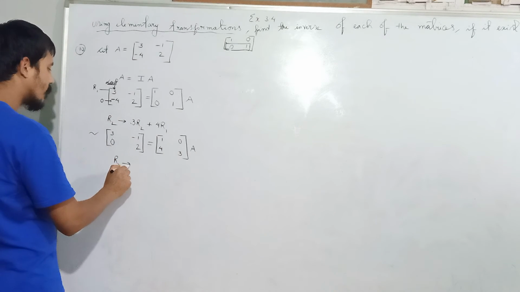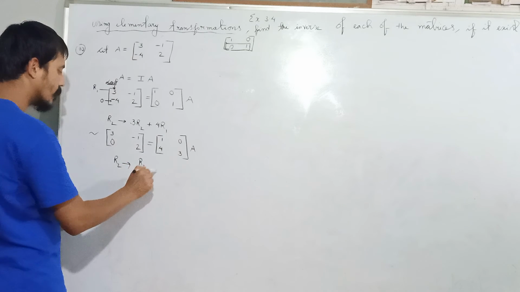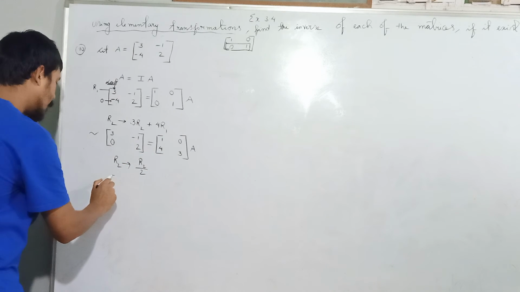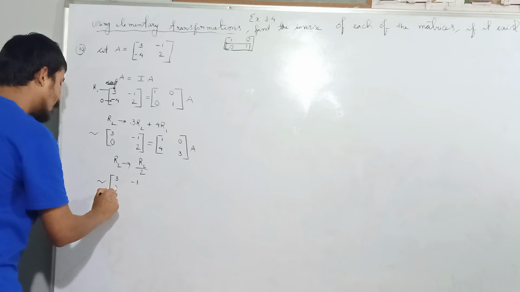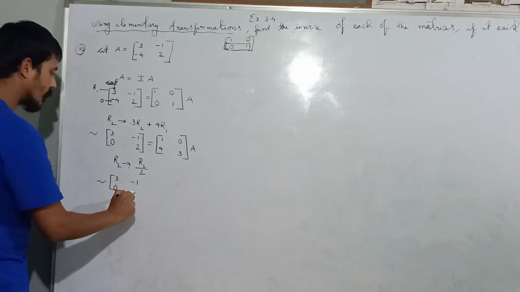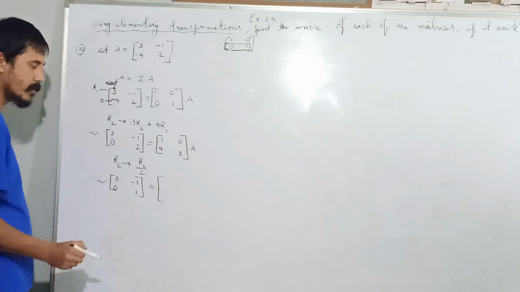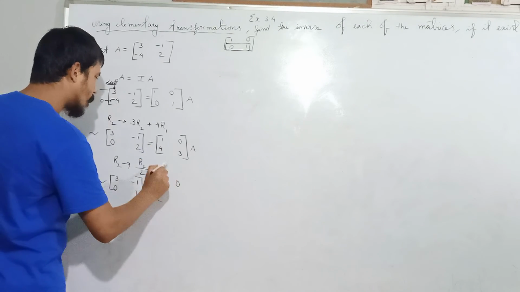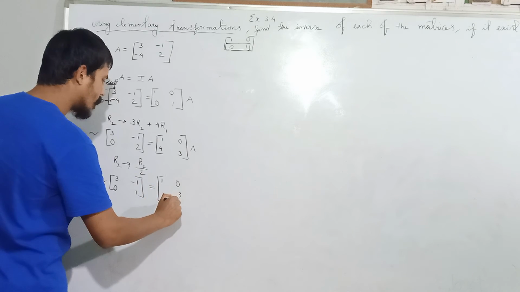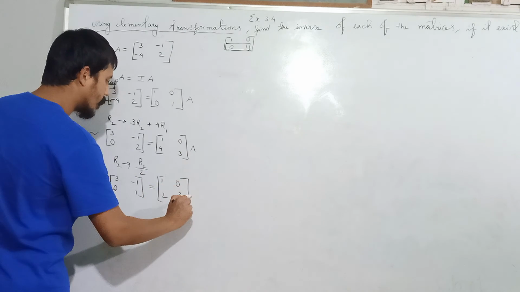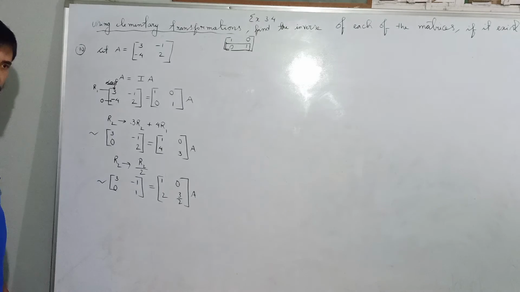So R2 goes to R2 upon 2. This will now be equivalent to 3, -1, 0 upon 2 is 0, 2 upon 2 is 1. The same operation has to be performed over this matrix: 1, 0, 4 divided by 2 is 2, and then 3 by 2.